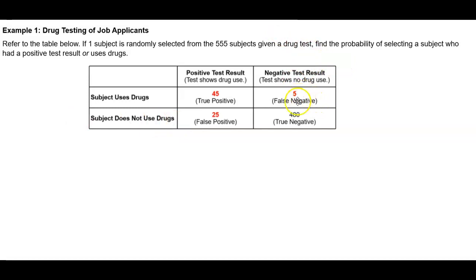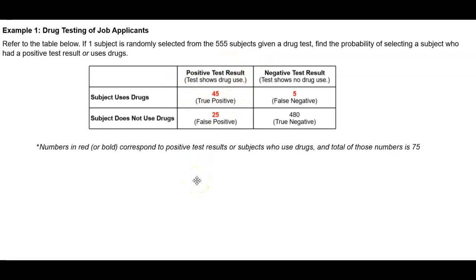For the next one over here, we have a negative test result where the subject uses drugs. Therefore, this is a false negative, and we have 5. Then we have a negative test result and the subject does not use drugs, which is a true negative, and we have 480 of them. So it's important to first identify and understand the table. You want to read it out loud.